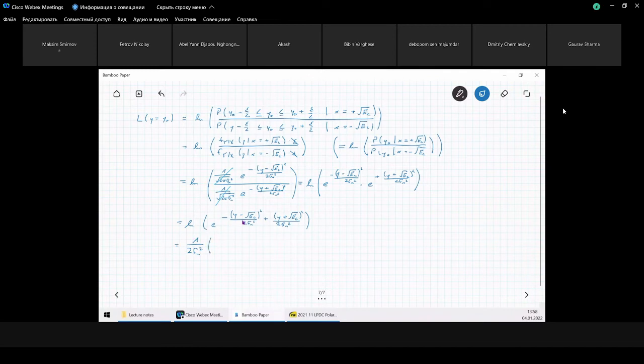What remains here will be minus, let's use an additional bracket not to mix up the signs here. This bracket squared is y square minus 2y square root EC plus EC, plus, and here I don't need another bracket, we have a plus here.